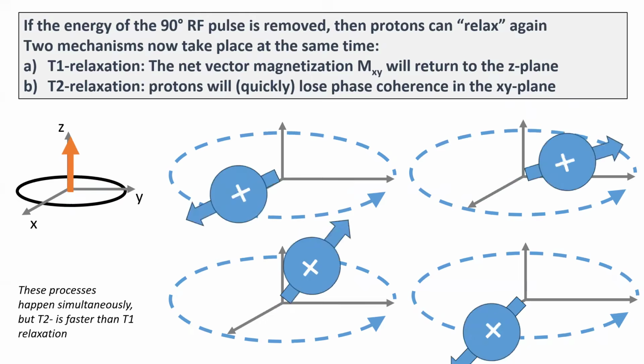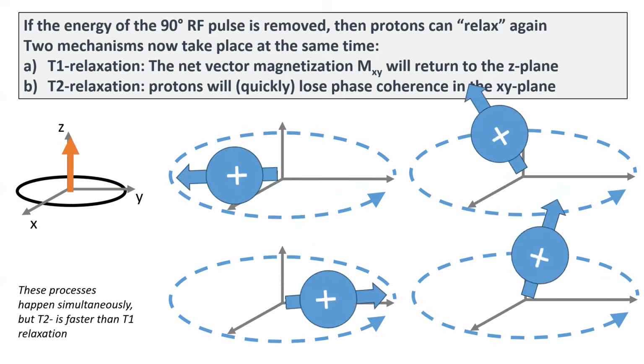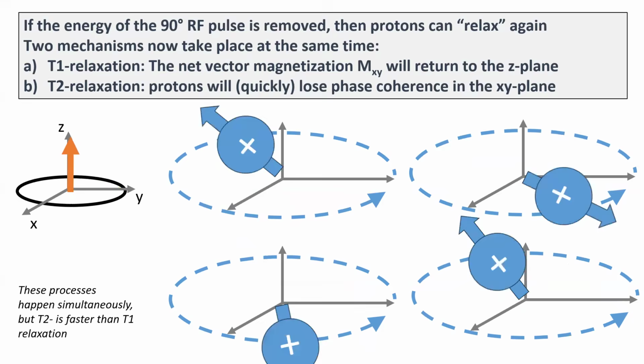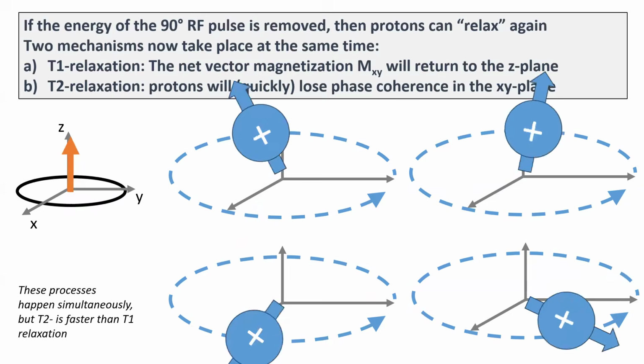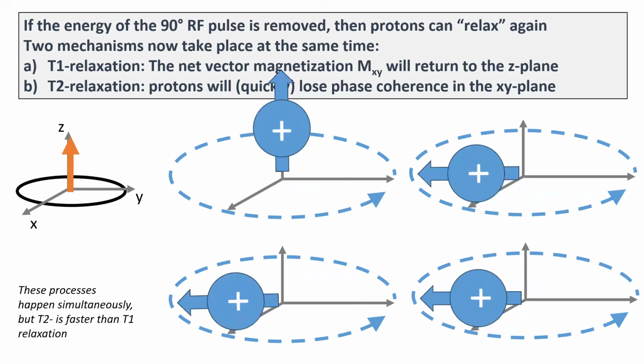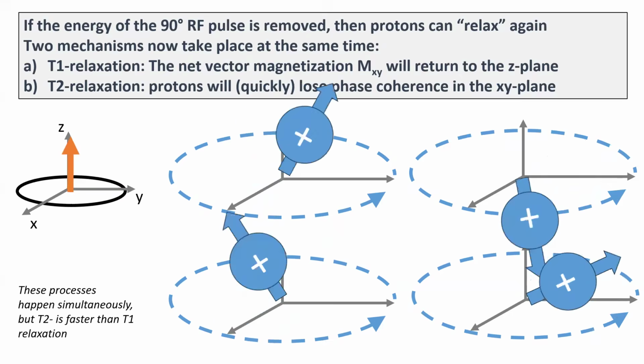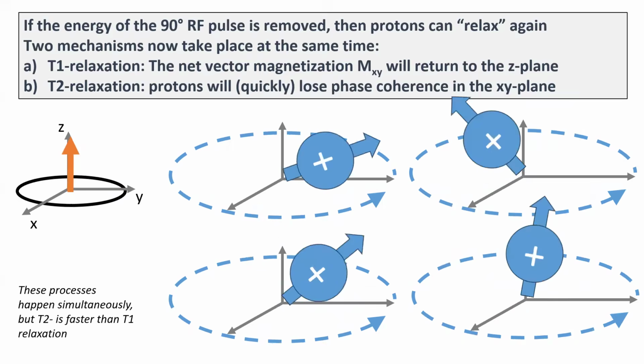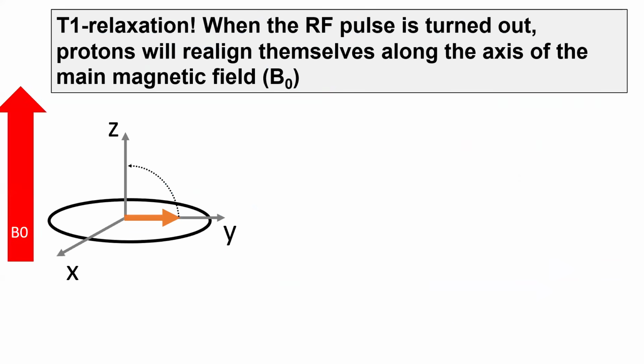These are two independent mechanisms that happen simultaneously, which complicates it a bit to understand, but we're going to address them one by one. They happen simultaneously, and T2 relaxation, so the dephasing of the protons, is something that happens faster than the T1 relaxation. So let's talk about T1 and T2 relaxation separately.